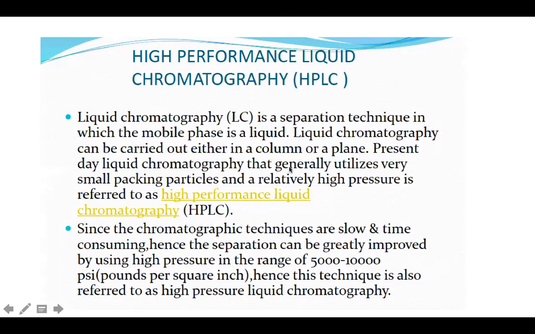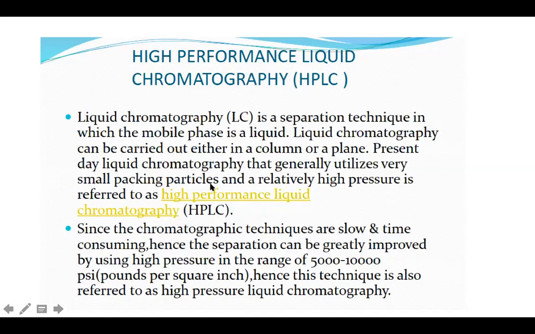Present-day liquid chromatography that generally utilizes very small packing particles and a relatively high pressure is referred to as high performance liquid chromatography. So HPLC is a liquid chromatography in which high pressure is used to separate the compounds, and a small amount of compound can be separated and purified by using HPLC. So HPLC is used for the final stage of purification of the compound.